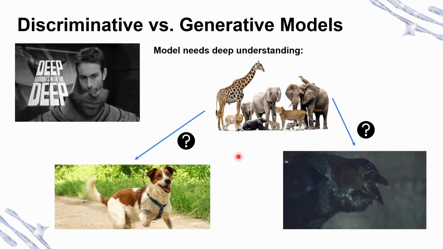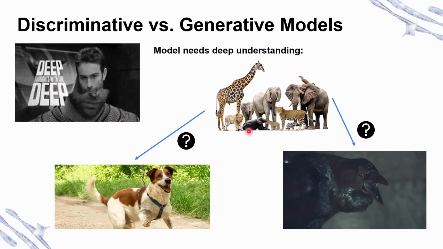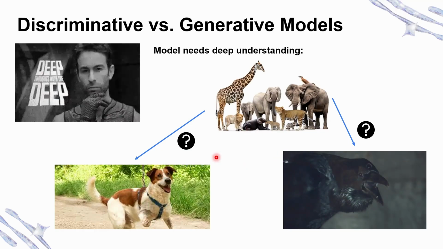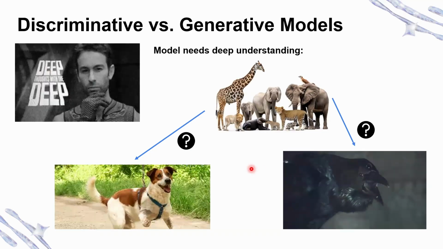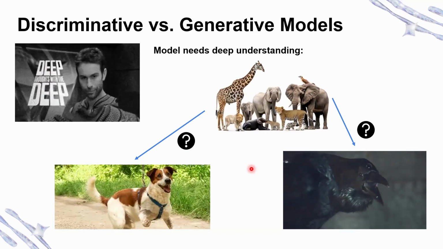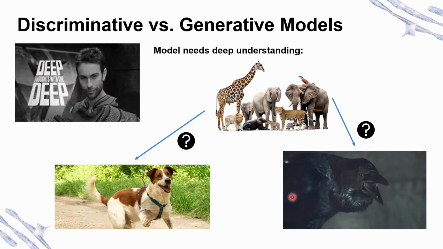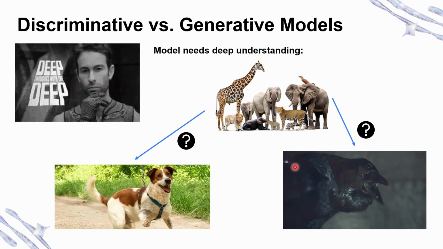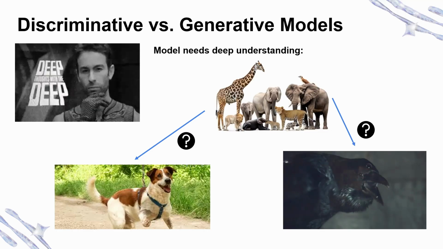Even though it's different from a normal dog, it's more possible than the raven, because it's likely that the dog lost a leg from an accident. Whereas the three-eyed raven is very unlikely to exist in real life and is more like a mythical creature, which it is, by the way.